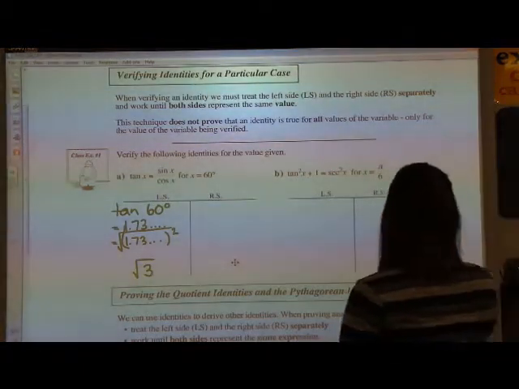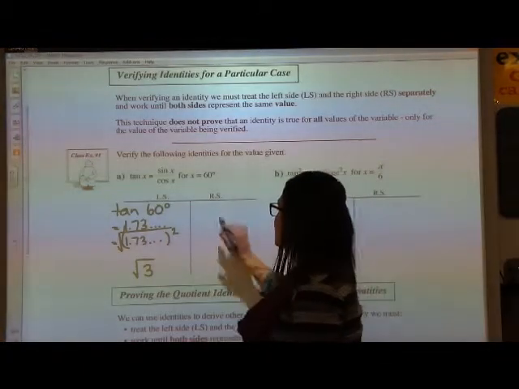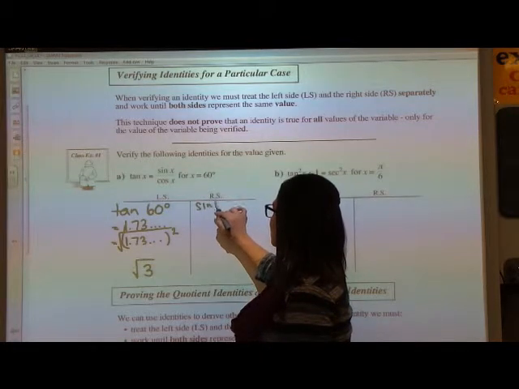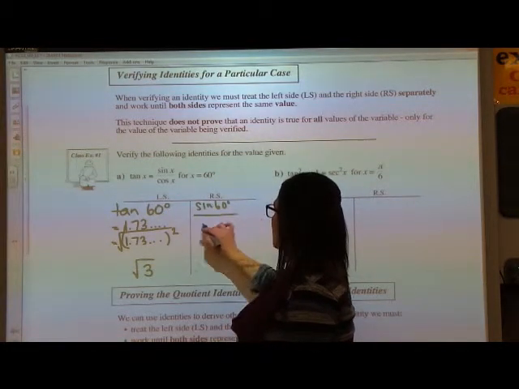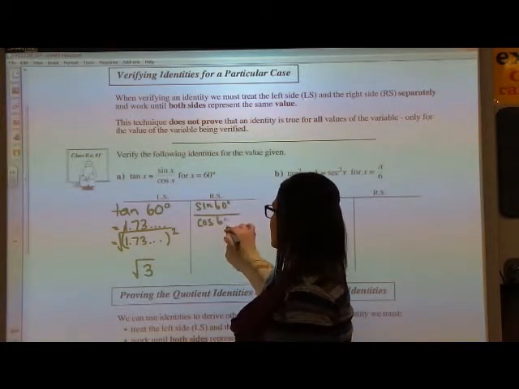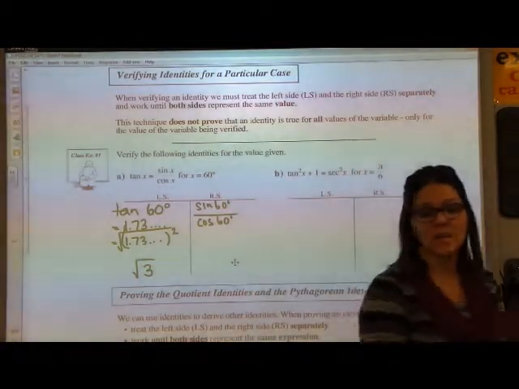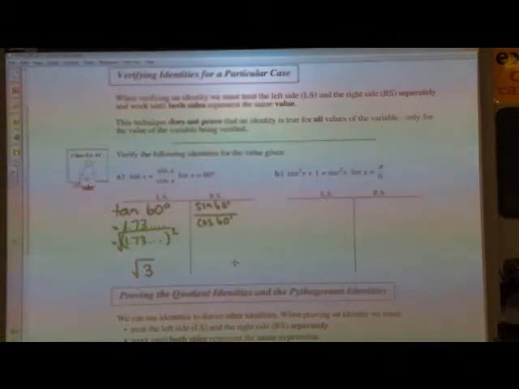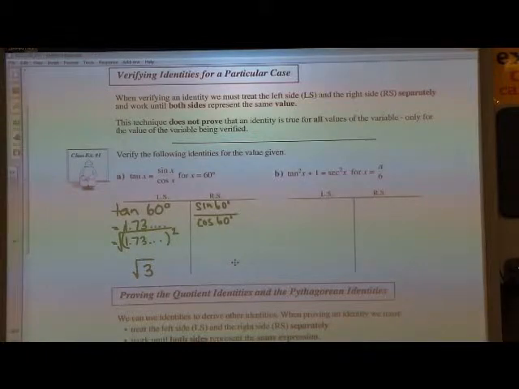Okay, so now let's look at the other side. Sine 60 over cos 60. So what is the value of sine 60, the exact value? What decimal do you get?